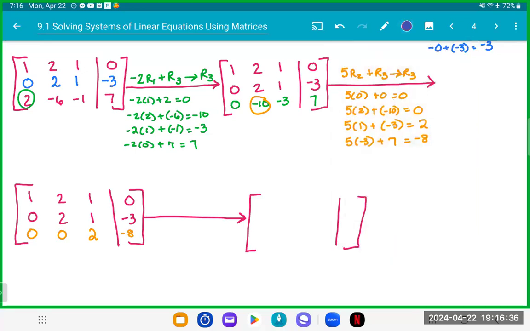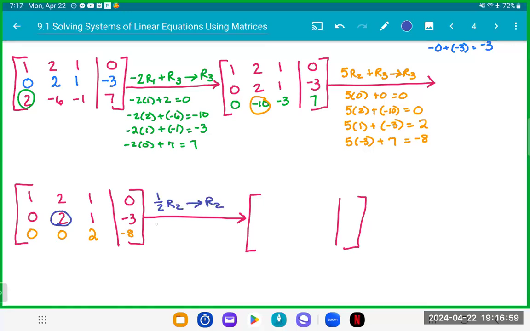Okay. Now we want to get this one right here to be our 1, right? So that is going to be 1/2 row 2, replace row 2.